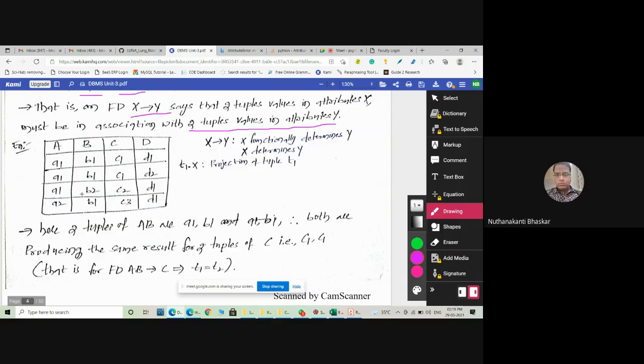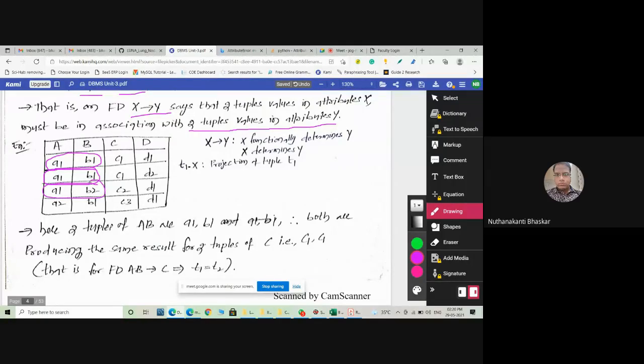Are you following? Yeah. Now you take two attributes. Wherever A1, B1 is there, C1 is there. A1, B1 is there, C1 is there, right? Then A1, B2. Now it is changing.